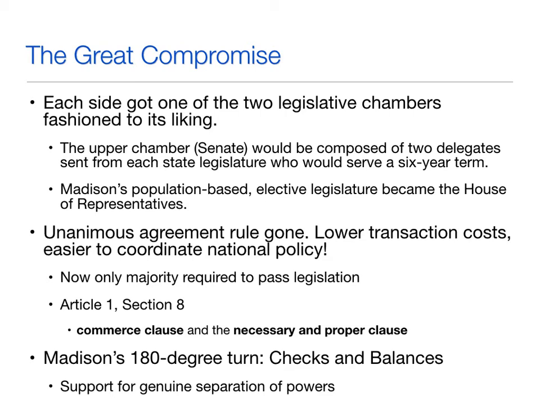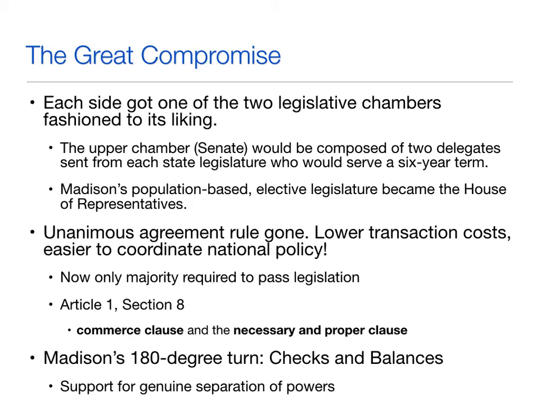A lot of this had to do with the fact that they were in Philadelphia for months and they wanted to go home. So they eventually get around to a great compromise, which took elements of both plans and proposed it to the committee and to the convention in Philadelphia.